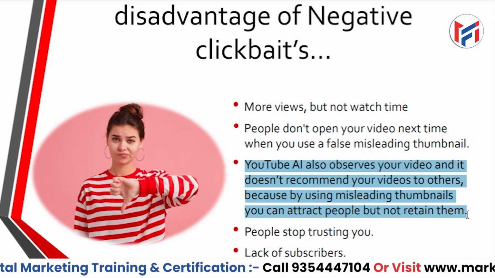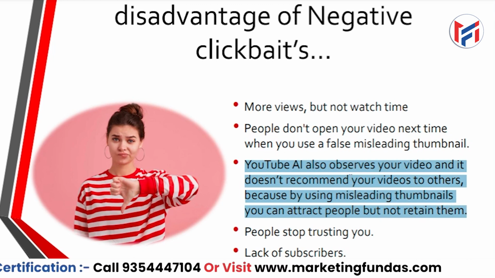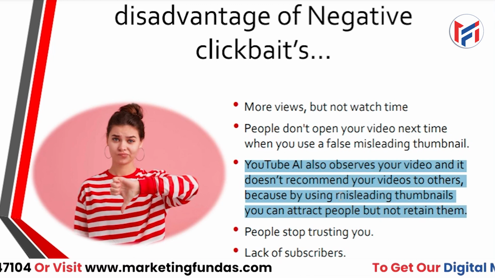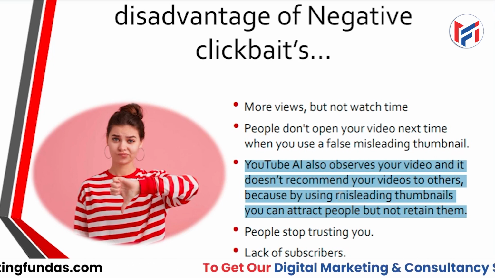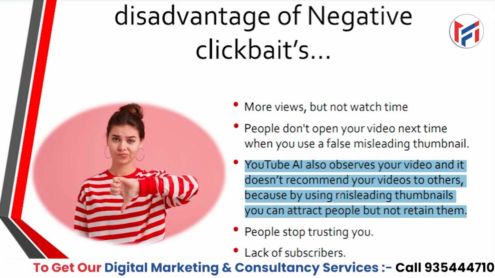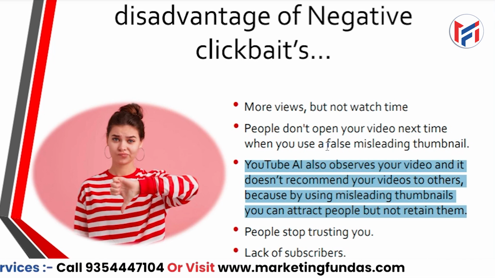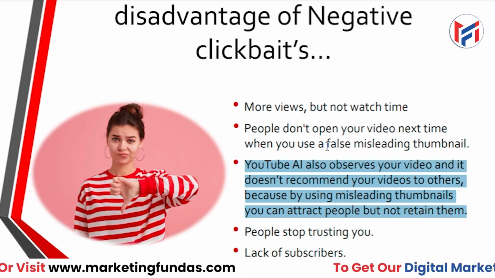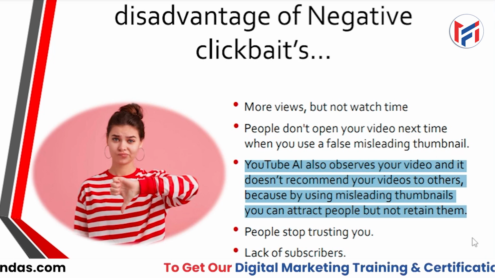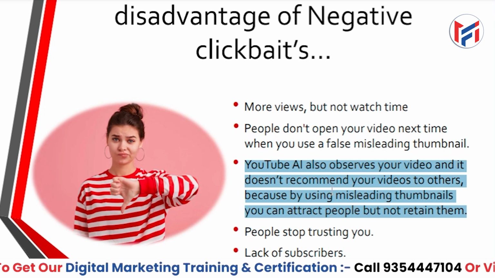On the other hand, the YouTube system also observes all these things, and their bots can find out that you are using clickbaity content or thumbnails, and if they find it on your channel multiple times, then they will stop recommending your videos.